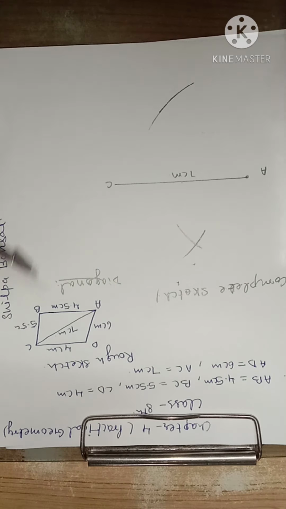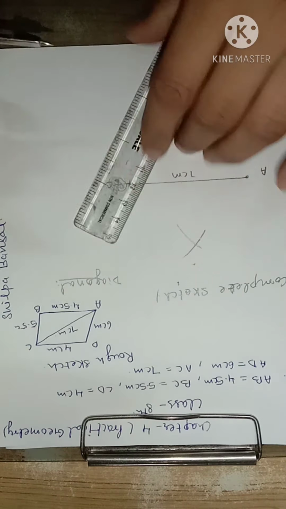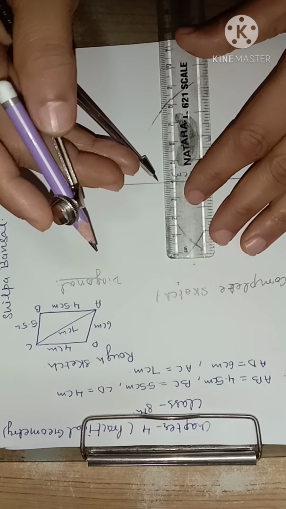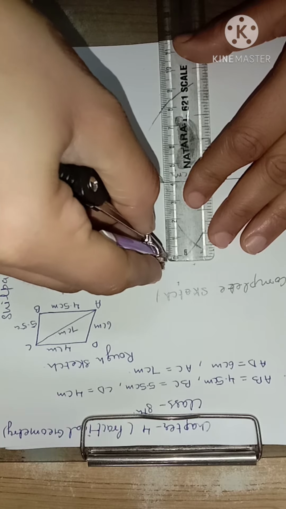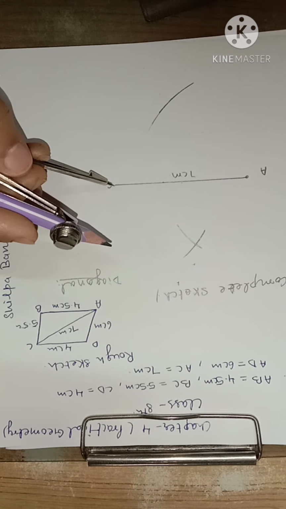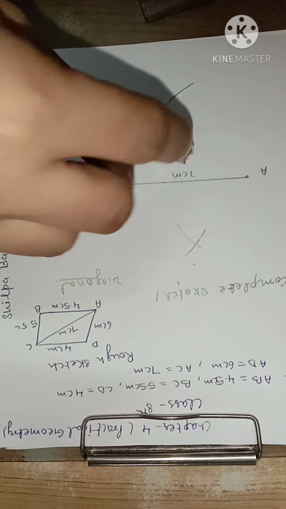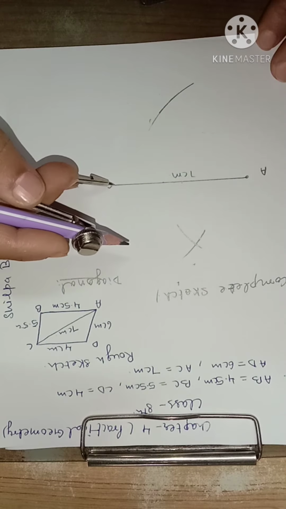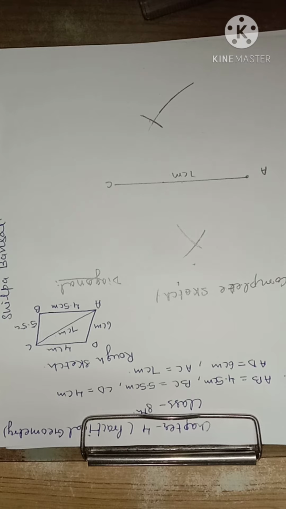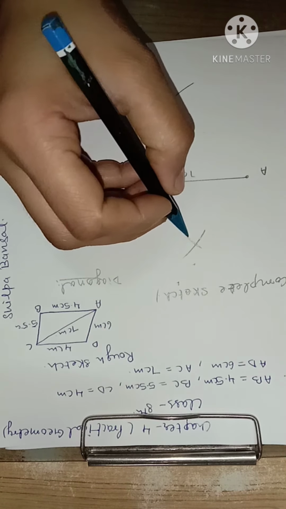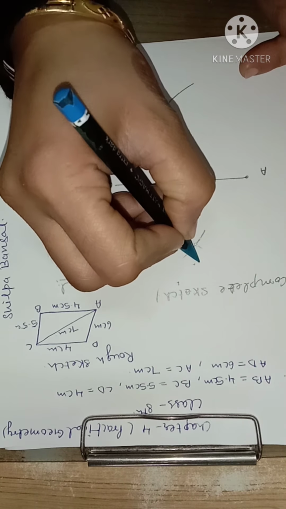Next, from point C, the distance is 4 centimeters. Now open the compass to 4 centimeters, keep it at point C and cut the arc. Where both the arcs intersect, give it the name D.